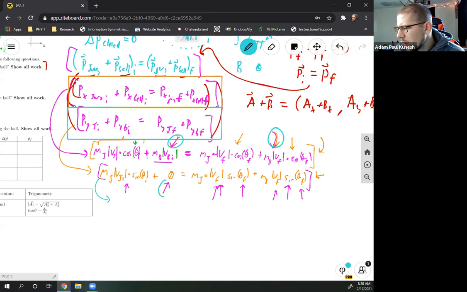I looked down at the lower one. That problem is solved. I've only got one unknown, the final velocity of the ball. The initial velocity of the ball doesn't play a role in the y component because there is no y component to the ball's initial velocity. In other words, this thing that was giving us trouble up above is just 0 down here in the y component.